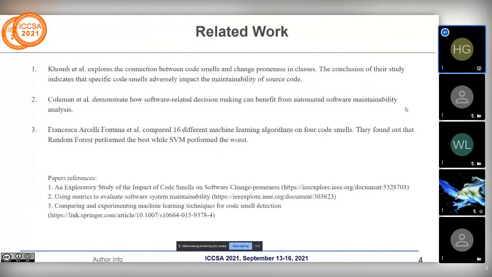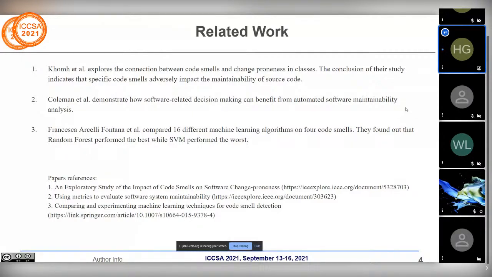Now, coming to related work. Com et al. explore the connection between code smells and change proneness in classes. The conclusion of this study indicates specific code smells adversely affect the maintainability of source code. The last example, blob code smell, is one of those classes.